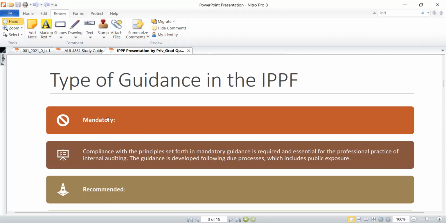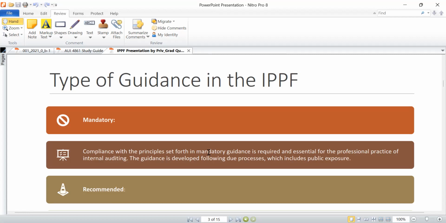when you're saying something is mandatory, very important, it means that there is a requirement of compliance from your side to comply with such mandatory guidance that has been set in place to govern your professional conduct as an internal auditor.